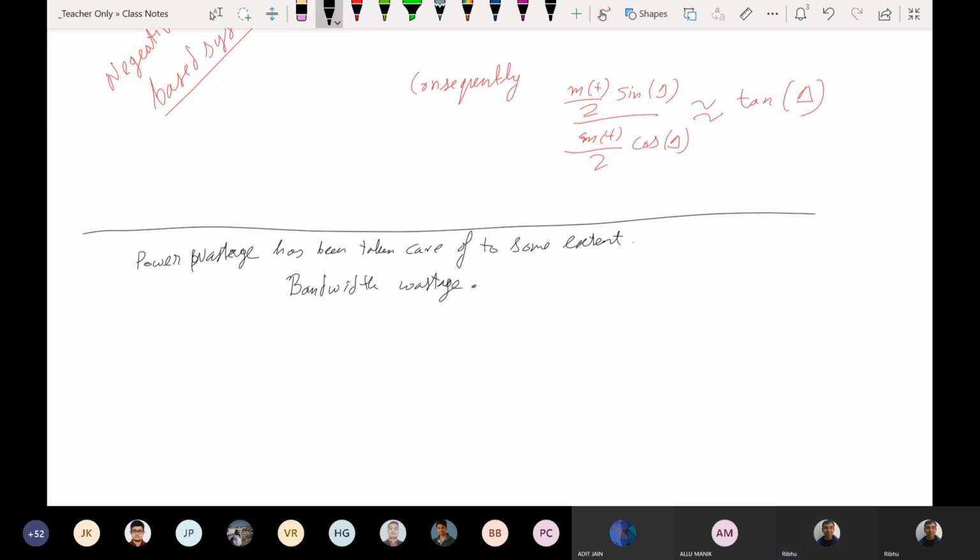Fine. So the problem was that, say this is the signal M(t), or this is M(f), and these two sidebands are identical.